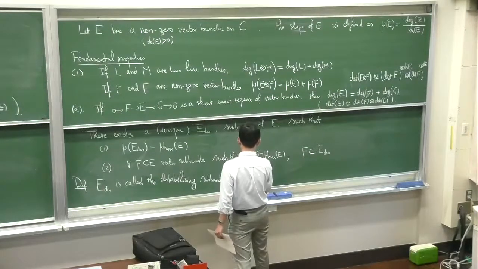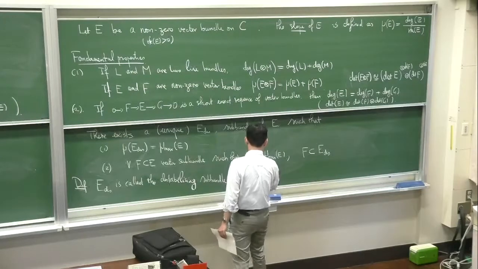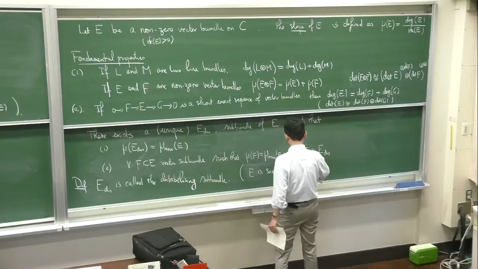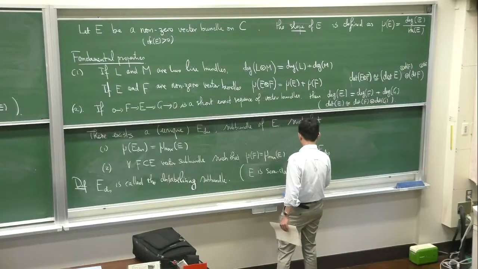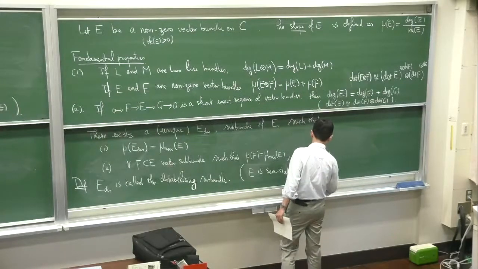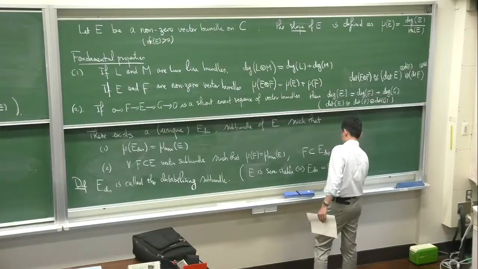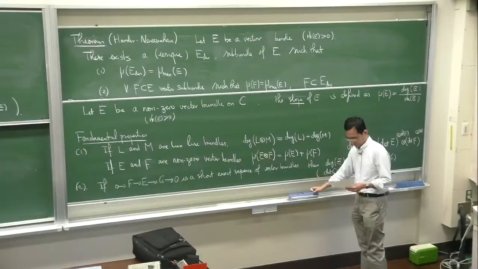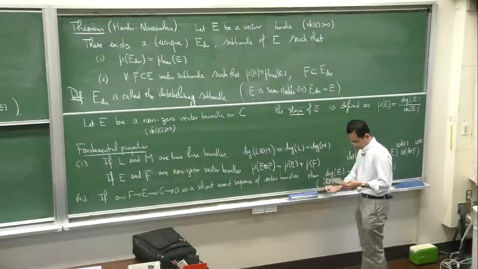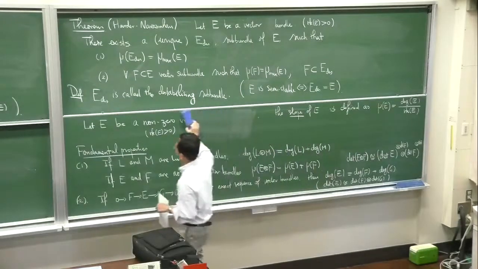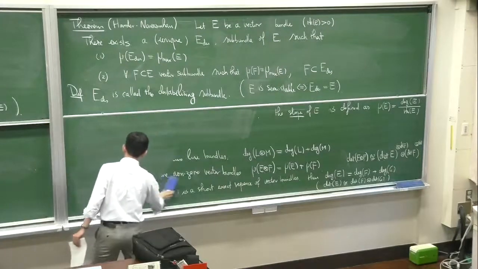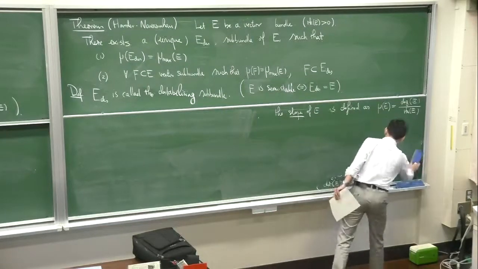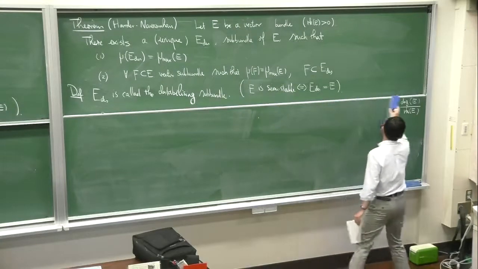In the sense that E is semi-stable if and only if this destabilizing vector subbundle is the same thing as E. And the consequence is that we can construct a flag, a filtration of the vector bundle, by using these destabilizing vector subbundles.